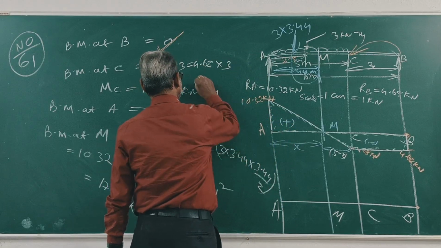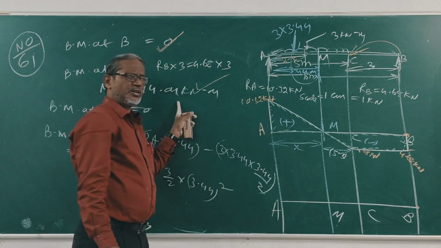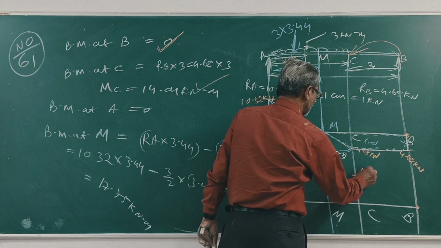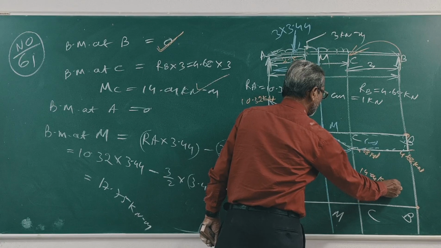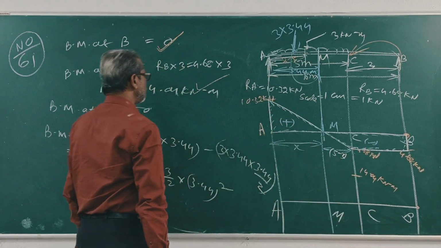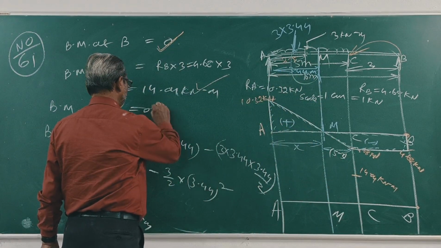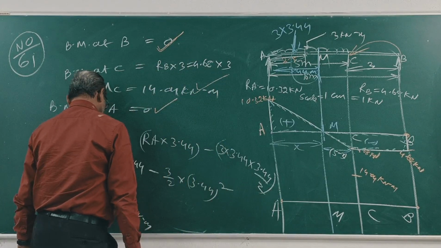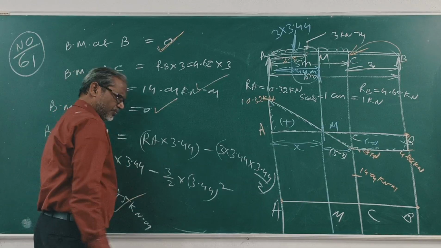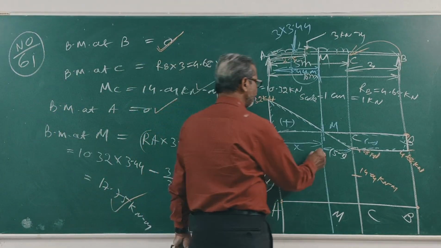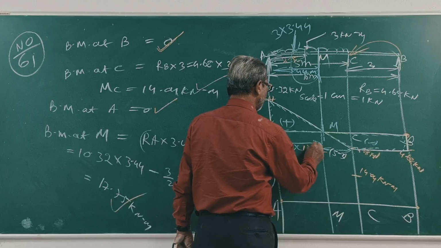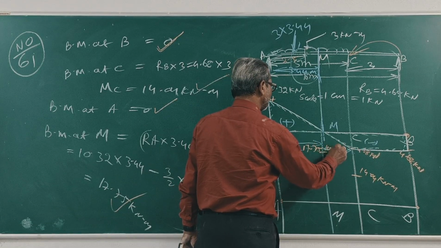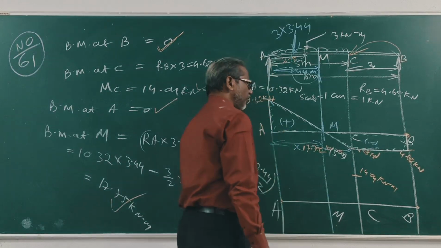At C, 14.04 kilonewton meter. At A, 0. At M, 70.75 kilonewton meter. Now join all the points.